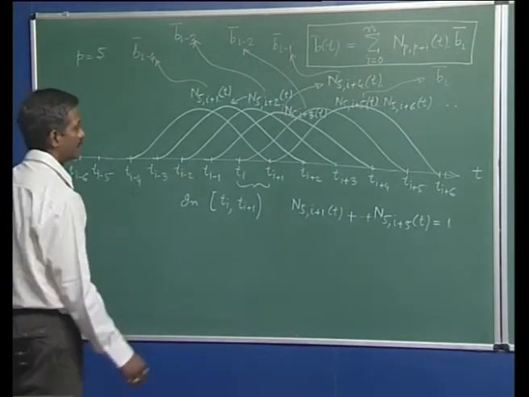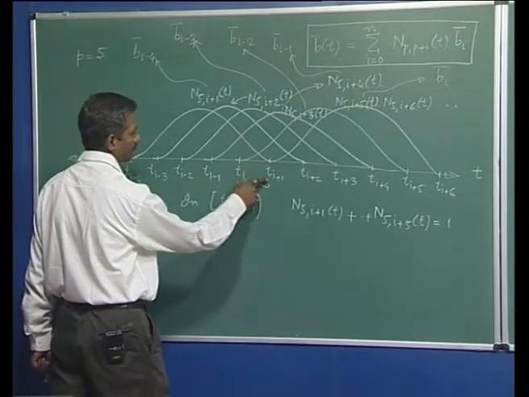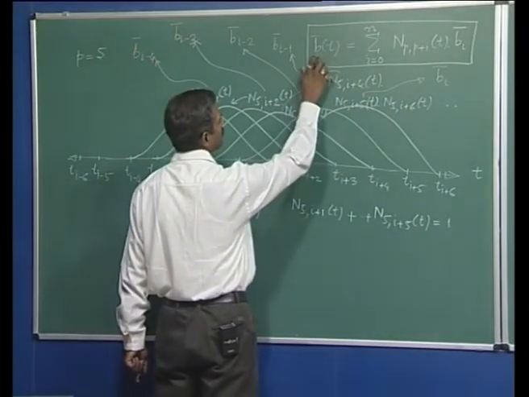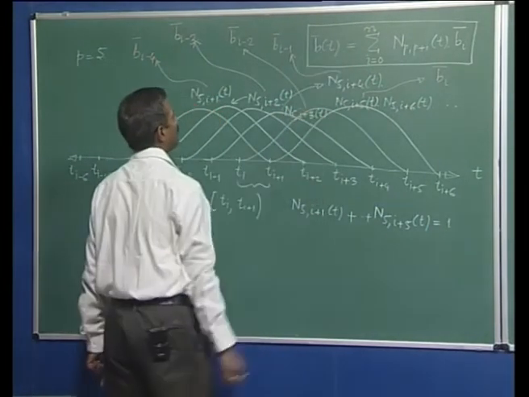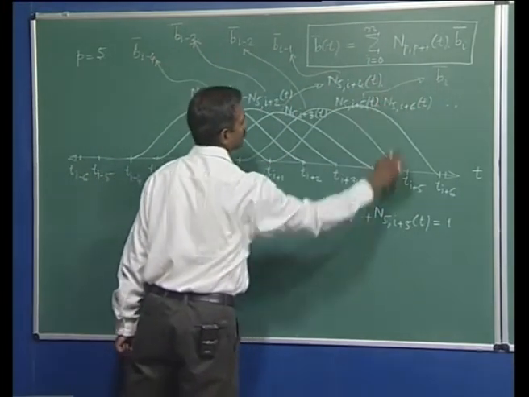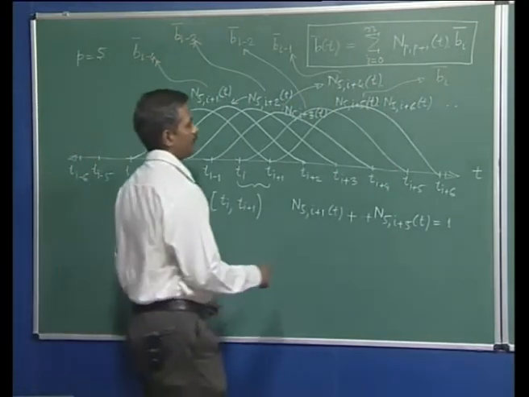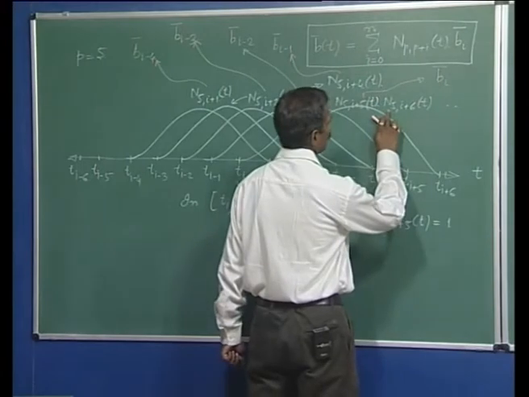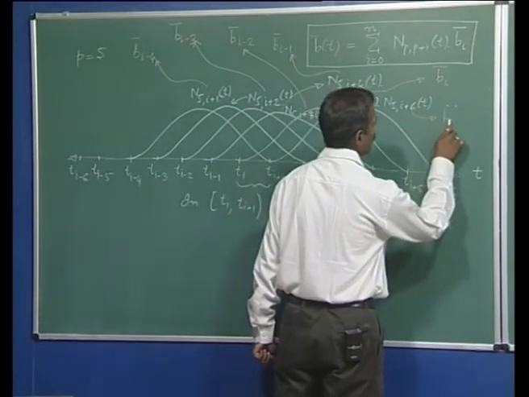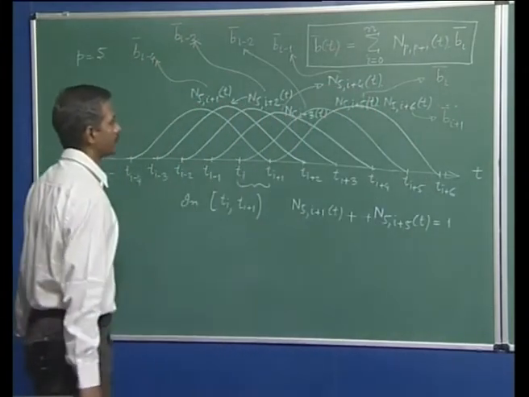In a sense, for values of t between t_i and t_{i+1}, a part of the segment of b will be lying within the convex hull defined by these 5 points. Let's continue further. With N_{5,i+6}, we have the point b_{i+1} associated with it.